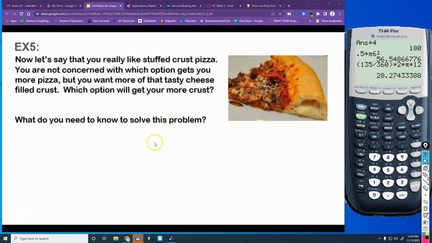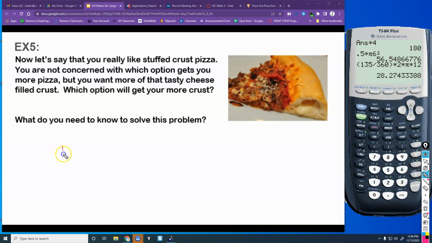So if we only care about the crust, we're not doing area of a sector anymore. We are doing our arc length, right? Because we only want that piece on the edge. Now, technically, the crust does have some width and we could find the area of it, but let's just do arc length for this. So what do we need to solve this problem? It is the same information as we needed before, because we still just need radius and we need to know how many slices are in each pizza.